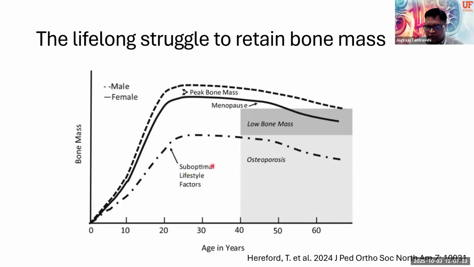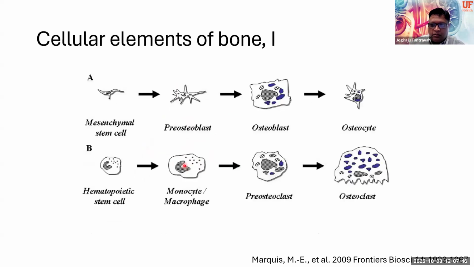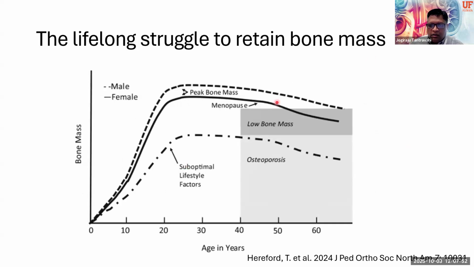Suboptimal lifestyles, which I'll discuss, such as tobacco use, alcohol use, a sedentary lifestyle, obesity, can lead to earlier onset osteoporosis, as can certain nutritional deficiencies, such as deficiencies in calcium or vitamin D. Okay? Now, if I can just go back one slide, excuse me.